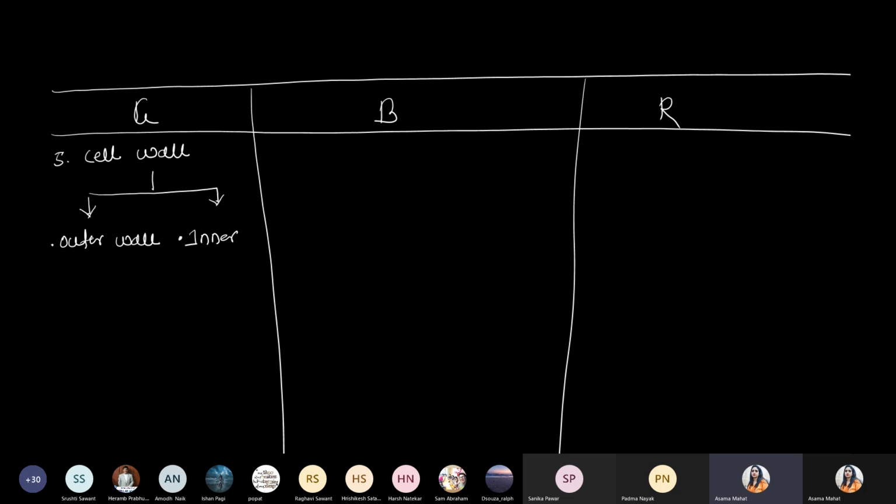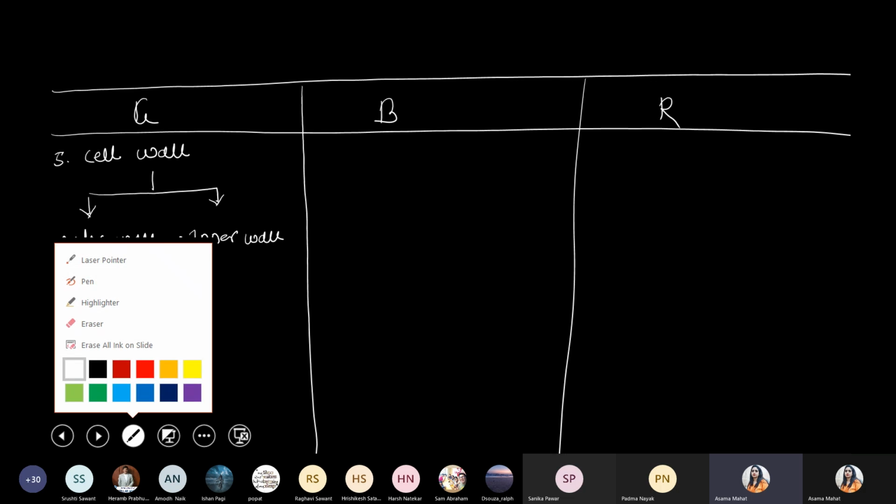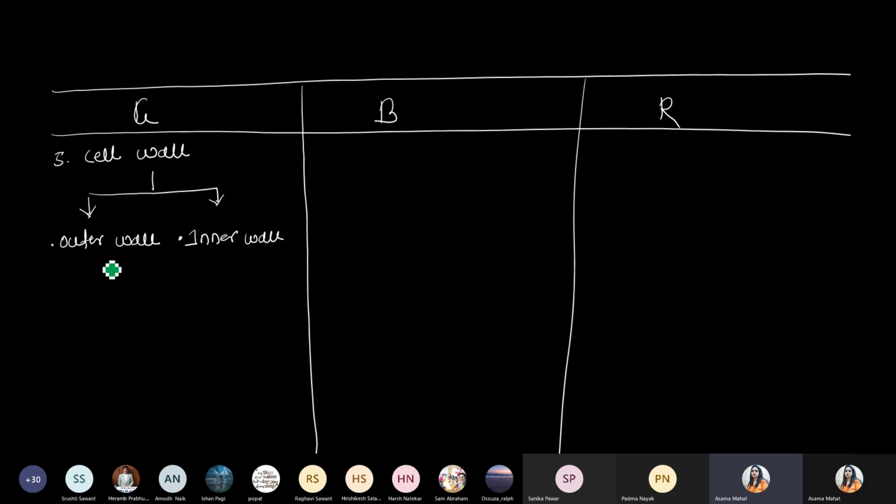So these consist of two wall structures, outer and inner wall. Okay, so quickly tell me, in case of green algae, the outer wall is made up of which material and the inner wall is made up of which material? Quickly tell me. The outer wall is made up of which material?